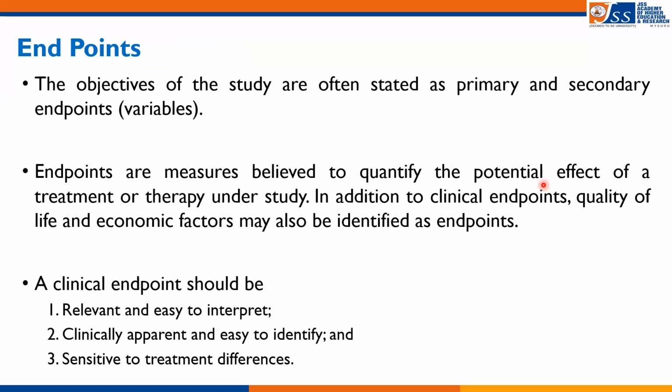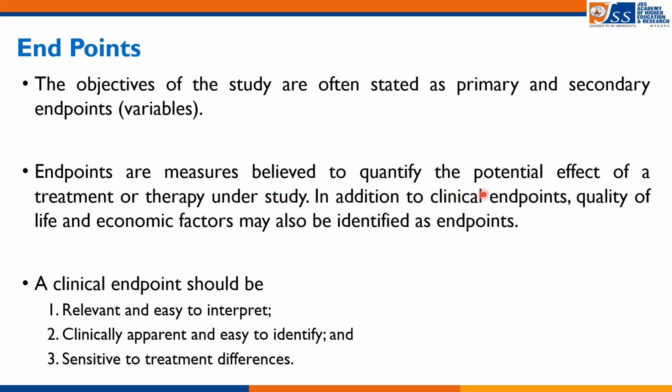If the blood pressure is reduced from 160 to 140 or 120, something like that, that means if you get a set value, then it is said to be reaching the endpoint in general. So endpoints are measures which are believed to quantify. That is why I said you need to have a measurement in units or numericals, to quantify the potential effect of a treatment or therapy under the clinical trial.